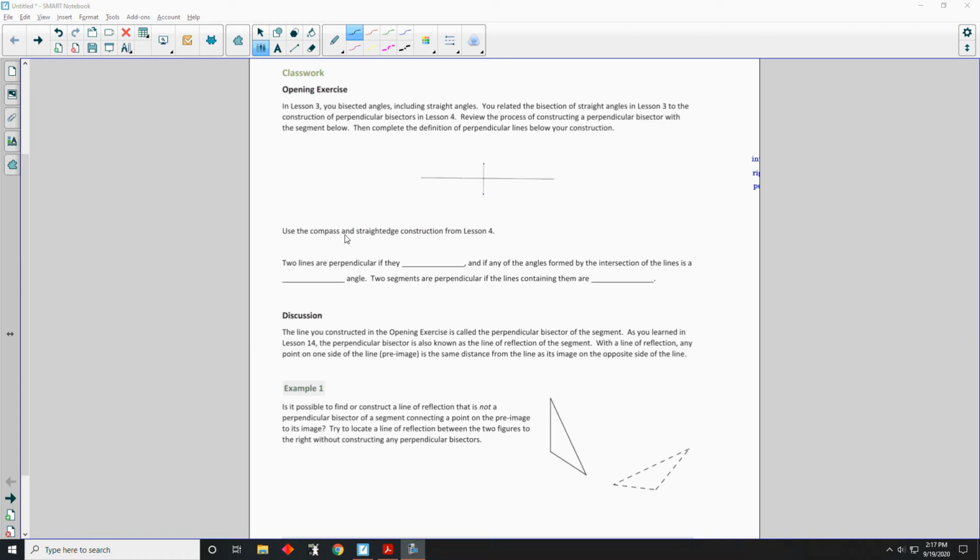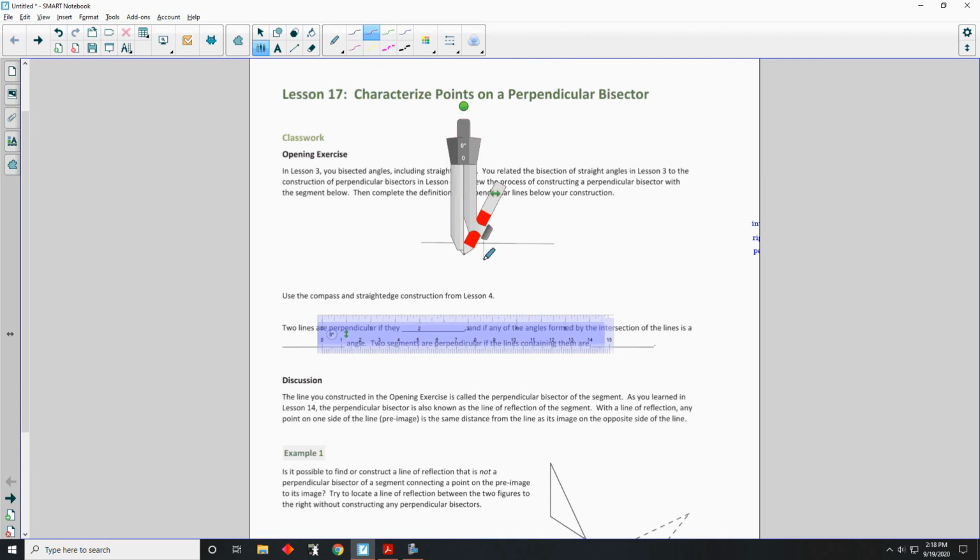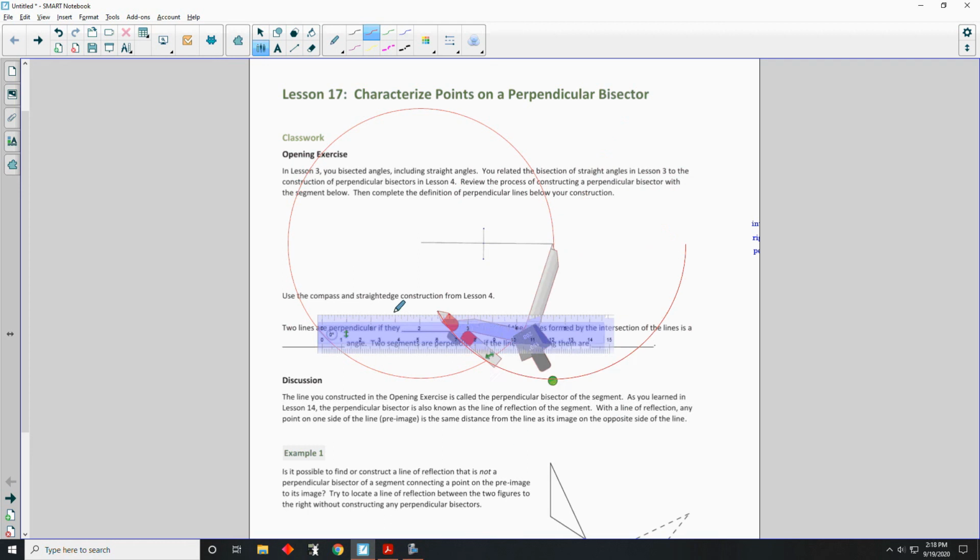Okay, so we're going to use the compass and straight edge. There's the compass and there's the straight edge. First thing I'm going to do is switch colors. If you remember from Lesson 4, you put the compass at one end of the line and construct a circle. Then you move to the other end and construct a second circle.